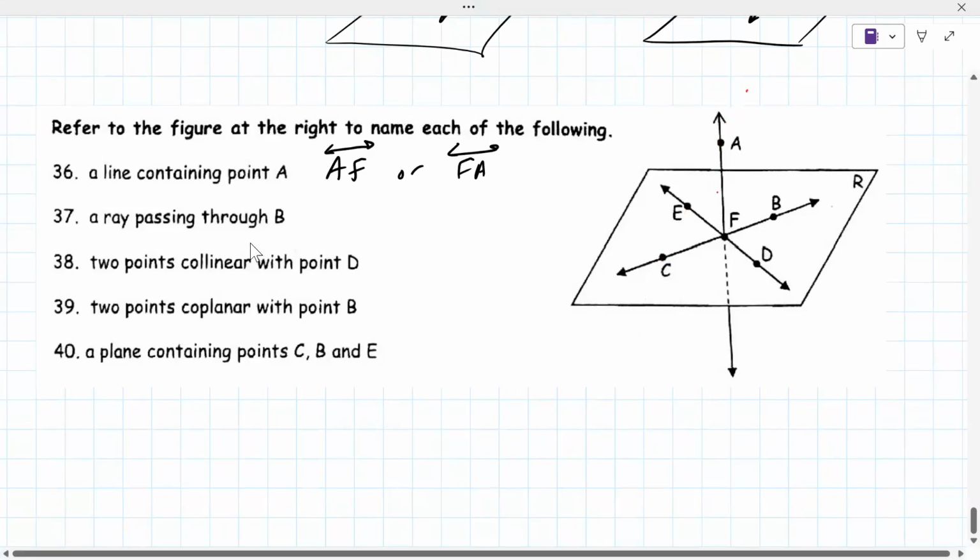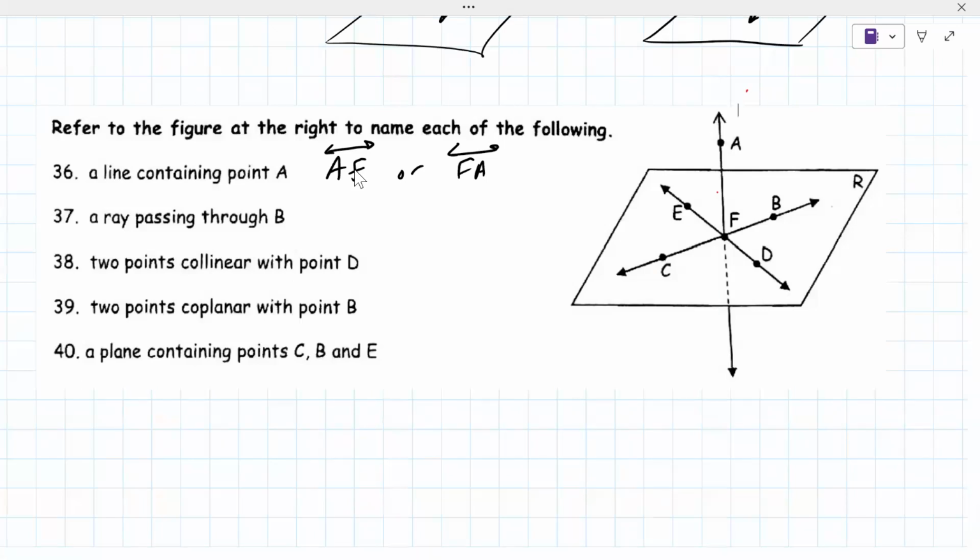All right. How about a ray passing through B? Could you give me some possibility of that? And the order does matter. Would it be FB? Does FB work?